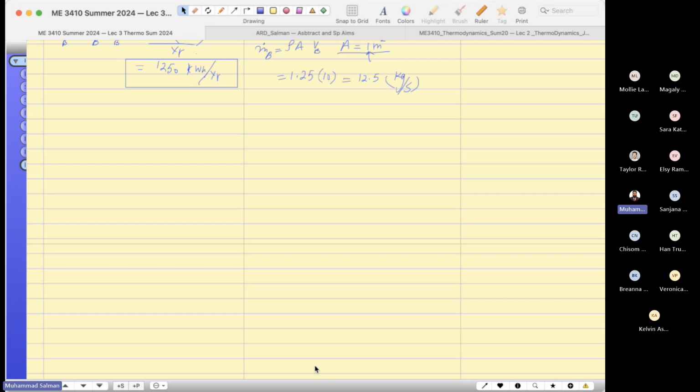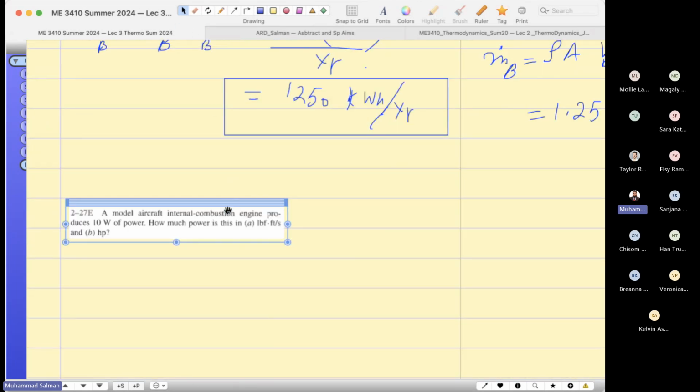Okay. One more question. Let us solve one more problem here. This problem is just a conceptual question about the units conversion. So let me show you what I mean by that.